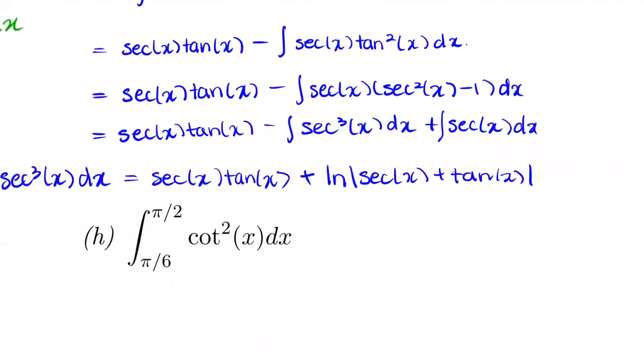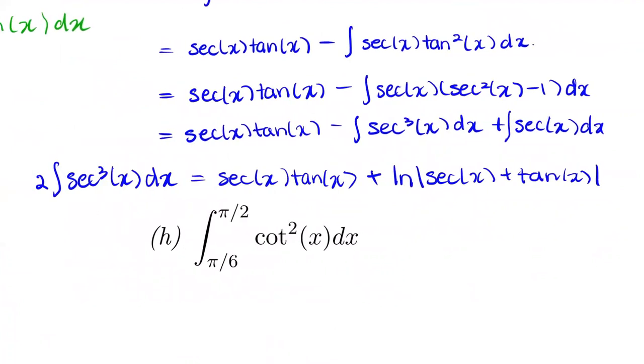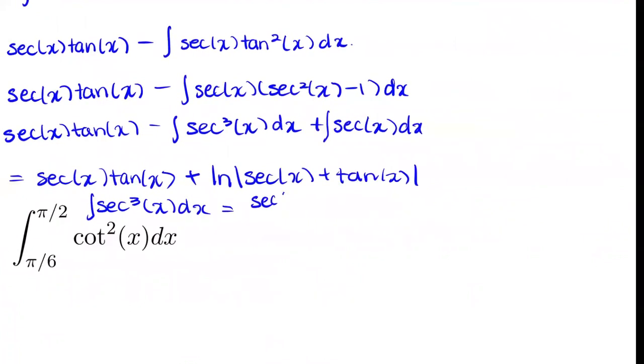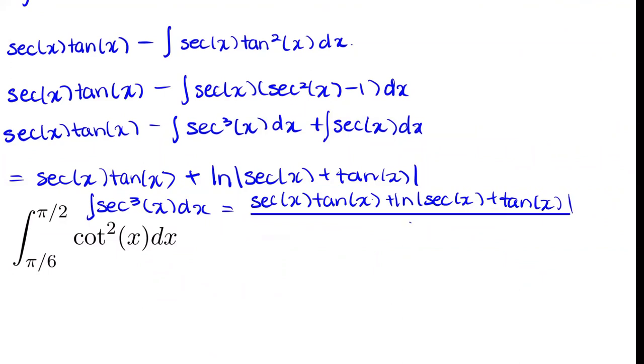And then I divide both sides by 2. So that means that the integral of secant cubed of x dx is equal to the secant of x tan of x plus ln of secant of x plus tan of x, whole thing divided by 2, and then plus c.